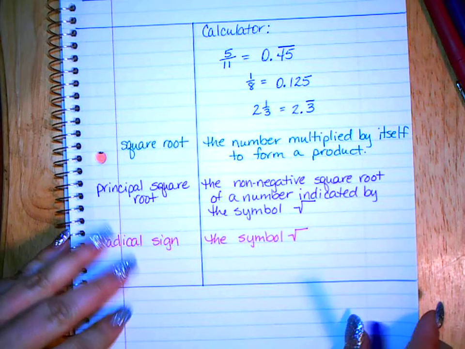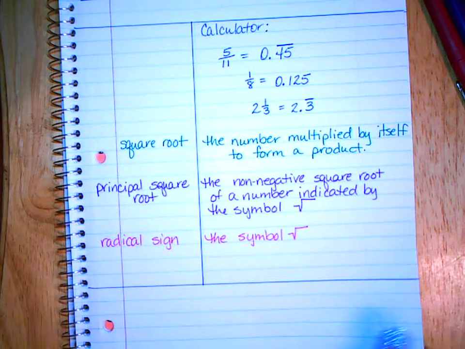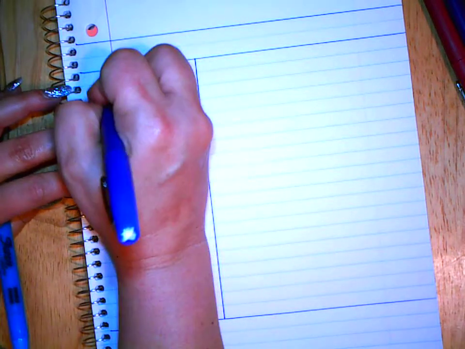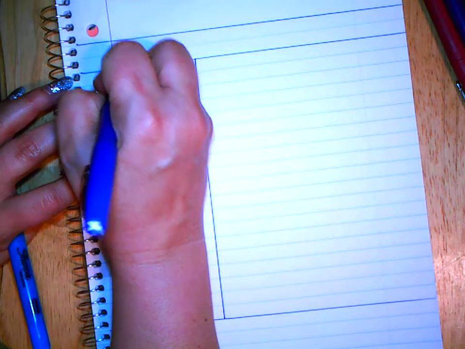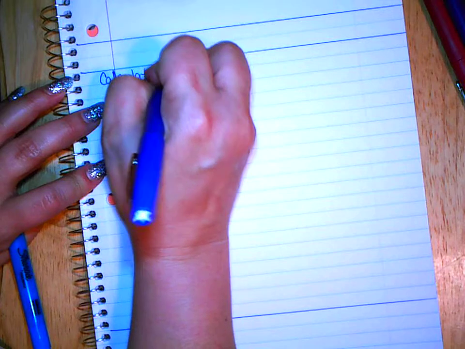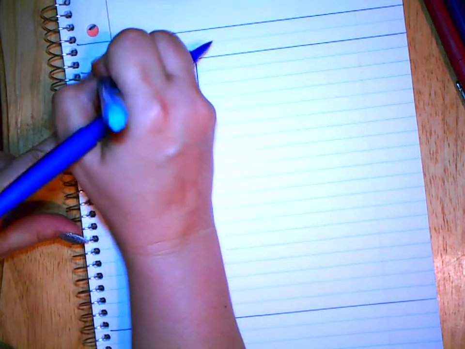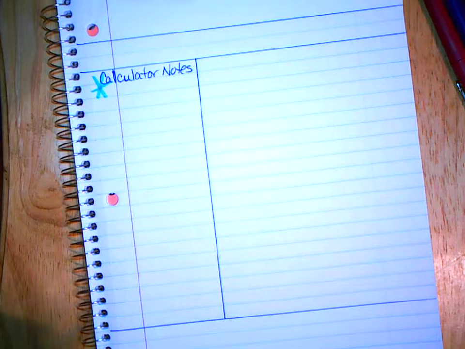I'm going to go ahead and turn the page because I have some calculator notes that I want to add in here before we do an example. I'm going to use a highlighter on this. So I'm going to head this as calculator notes. And I'm going to use my highlighter at this point.